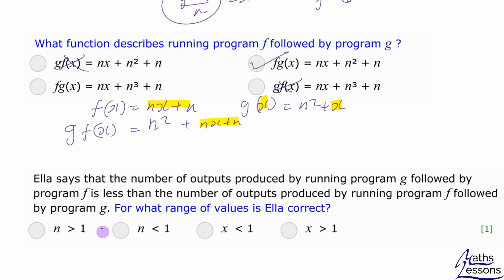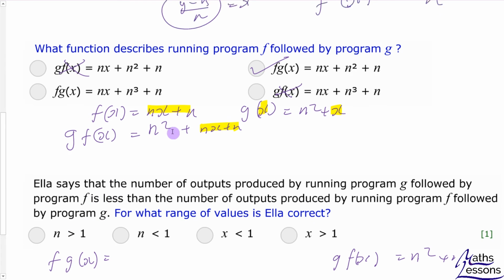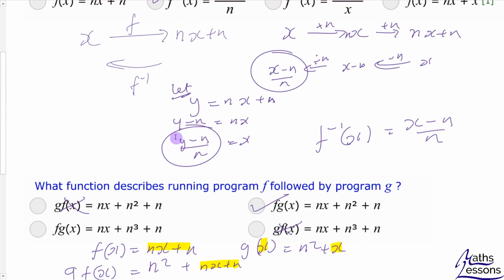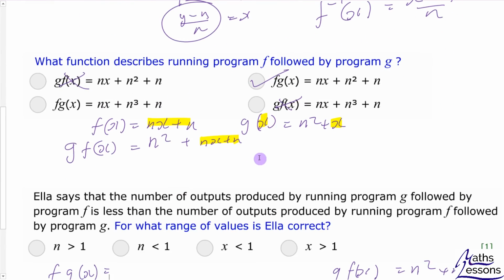f followed by g, let's just write it down, gf of x was equal to n squared plus nx plus n. And then if we do g followed by f, we're going to have, what was it again? Those functions, oh there they are, sorry, I've got it in front of me.